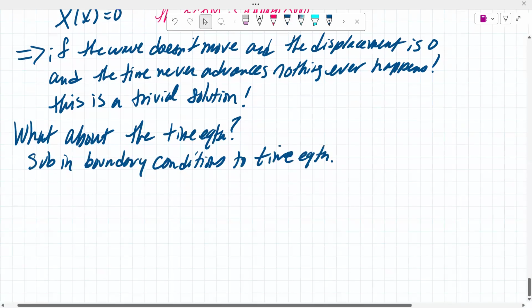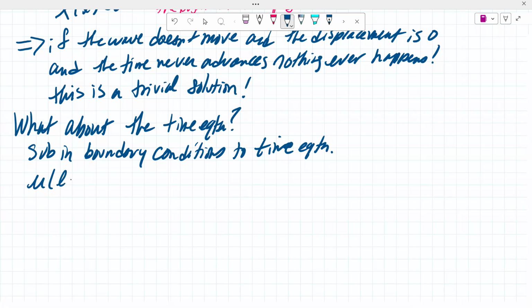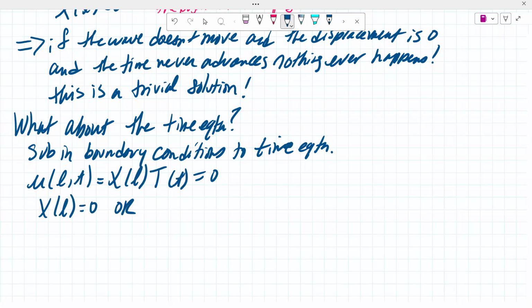So we're going to have u of L and t equals X of L. So this is very analogous to the one we just did, so I'm going to move along a little bit quickly on this one. This is X of L equals 0, or for the same reason T of t equals 0.